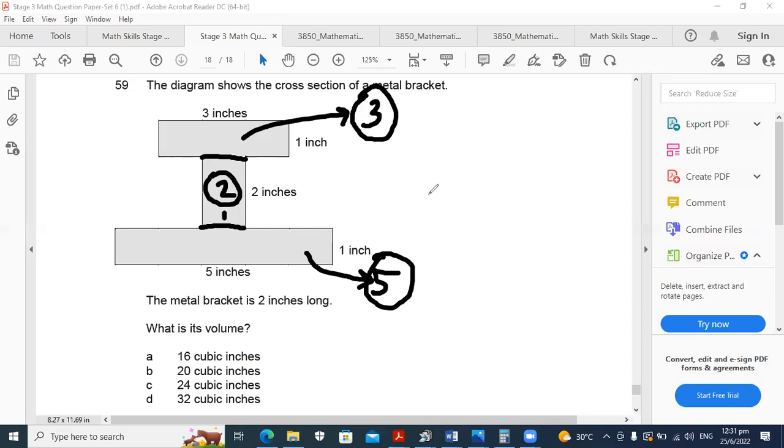And then when you add up everything, you get 10 inches square. So this represents the cross-sectional area. And then to get the volume, we'll just multiply it by the 2. So the answer is just what? 20 cubic inches.